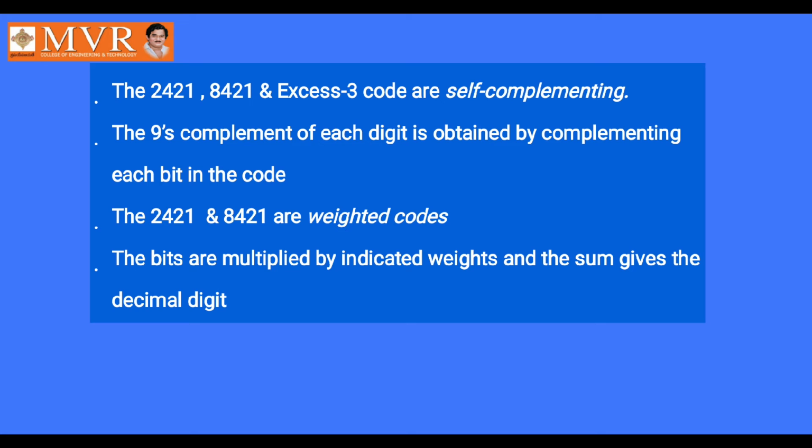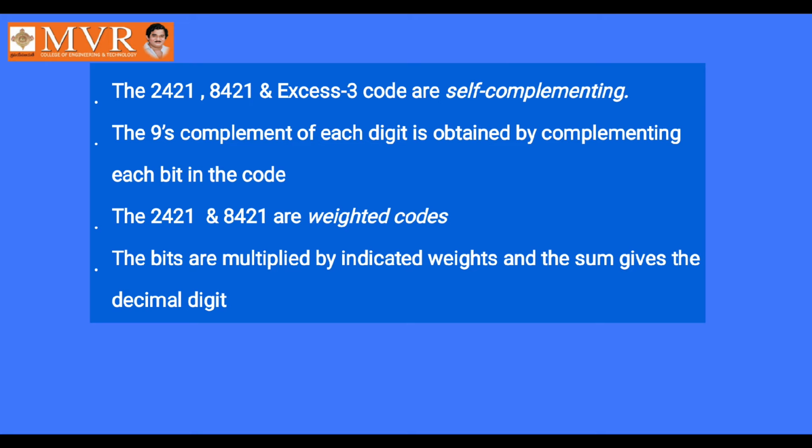Why are they called self-complemented? If you want to get the ninth complement of each digit, you can convert 0 as 1 and 1 as 0, then you will get the ninth complement. That's why these three are called self-complemented.